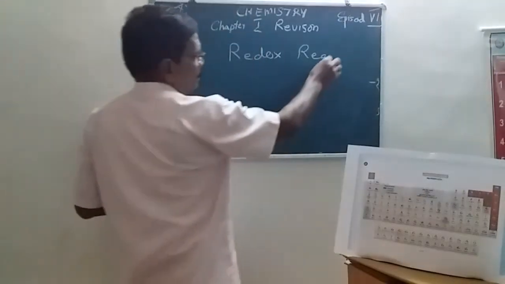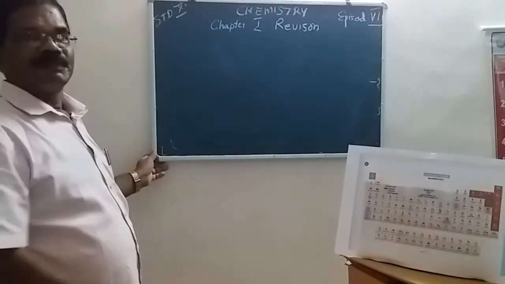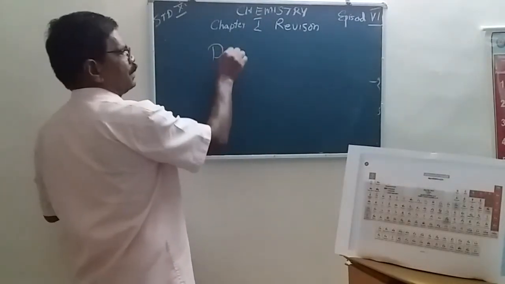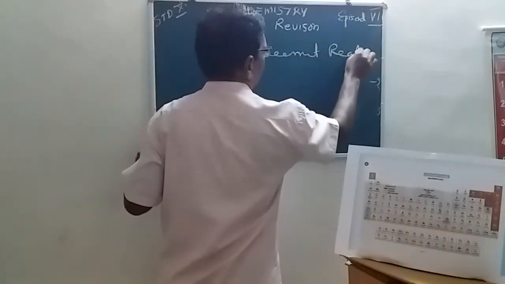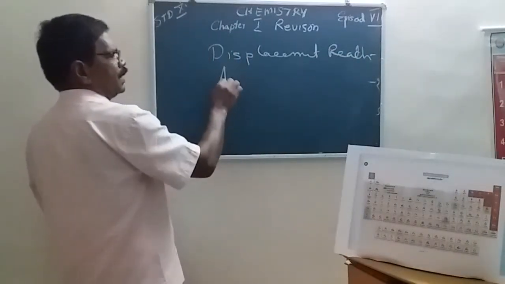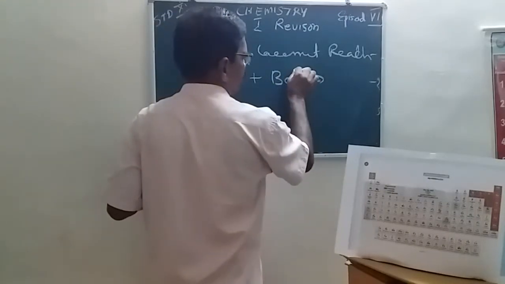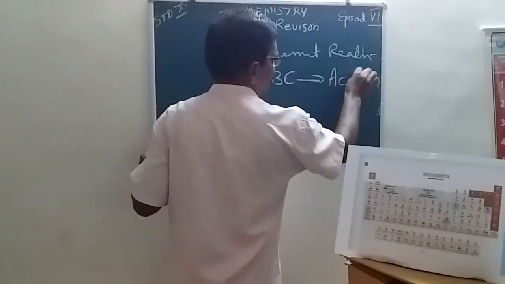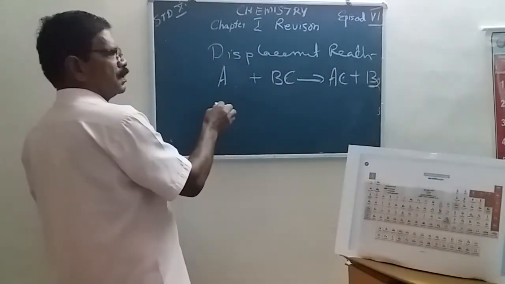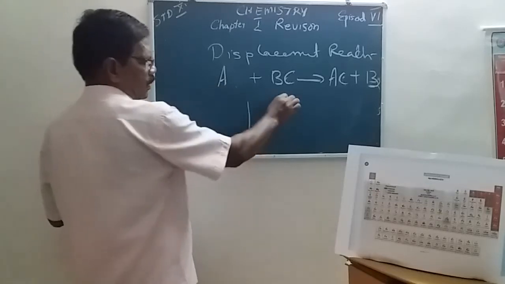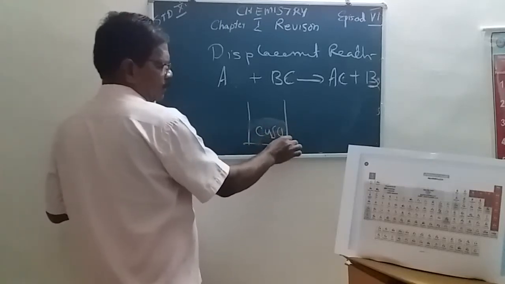There are displacement reactions and double displacement reactions. Displacement reaction has a general formula: A plus BC gives AC plus B. For example, copper sulfate is taken in this.